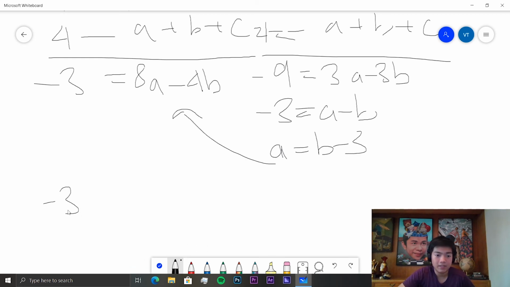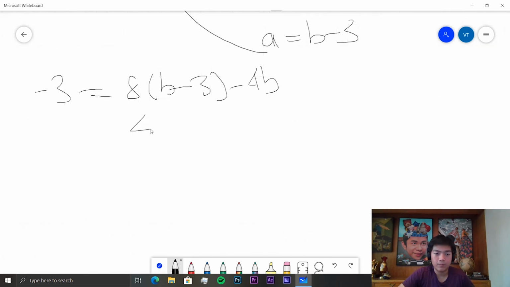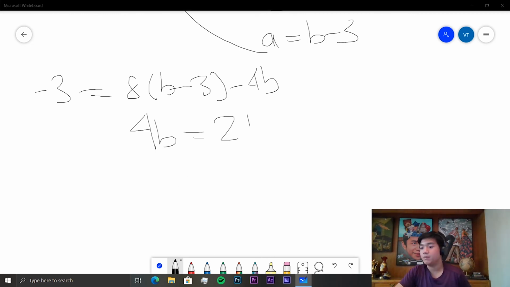So -3 is equal to 8 times b minus 3 minus 4b. And so we have 4b is equal to -3 plus 24, and 4b is equal to 21. So b should be equal to 21 over 4.